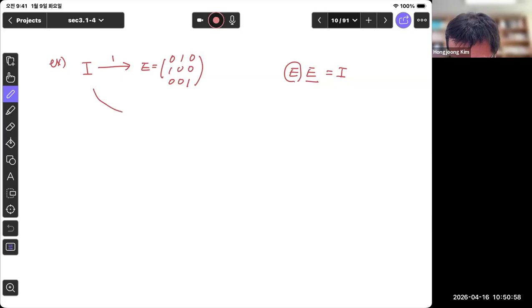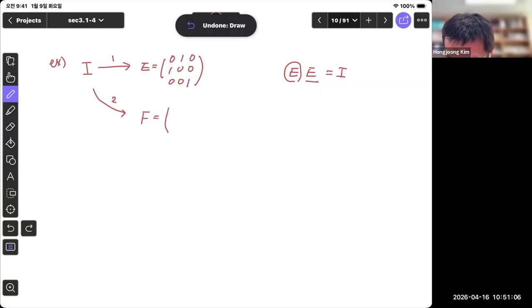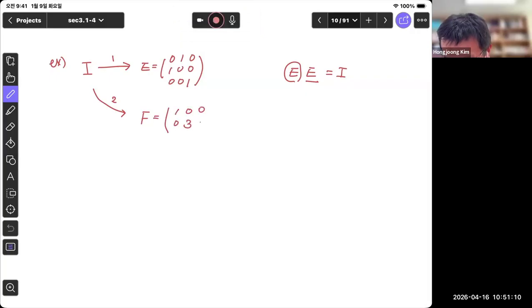And what if I consider the scaling operation? So if I consider, say, 1 0 0, 0 3 0, 0 0 1, that will multiply the second row entries of the matrix by 3.